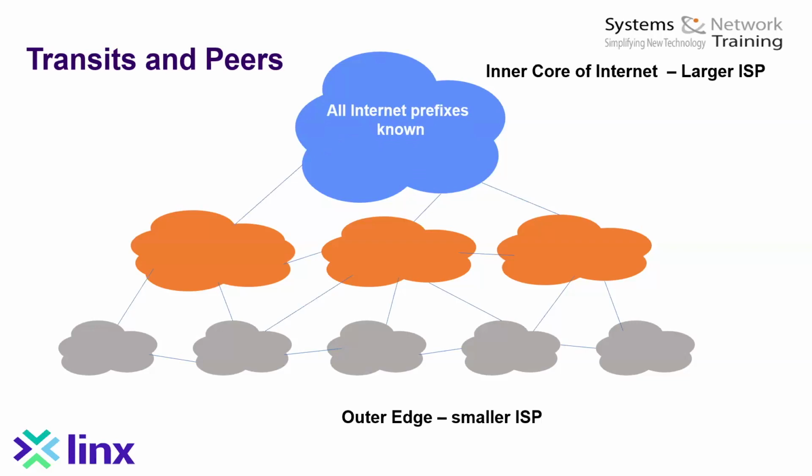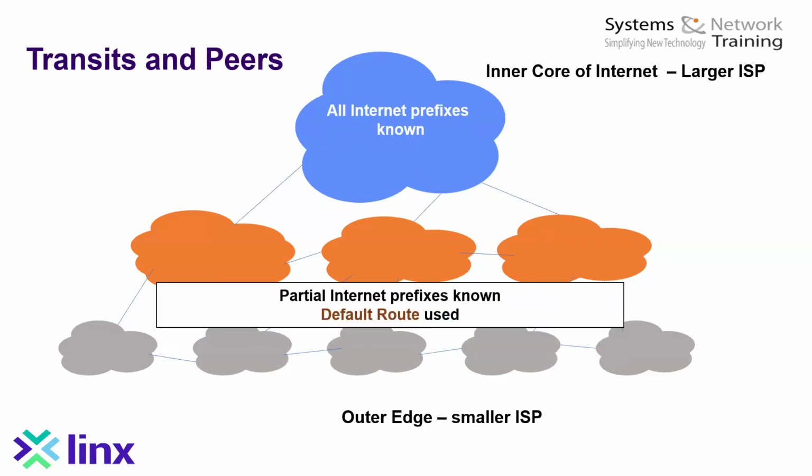As you move towards the edges of the internet, then the routes that are known by your routers are a partial component of the total internet routes, of that total 1 million, etc.